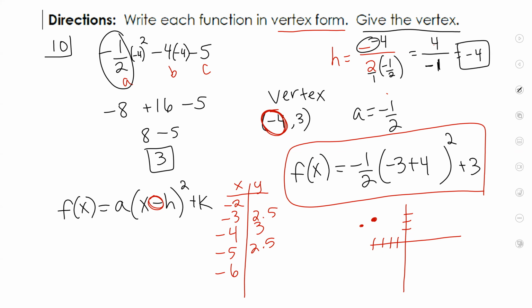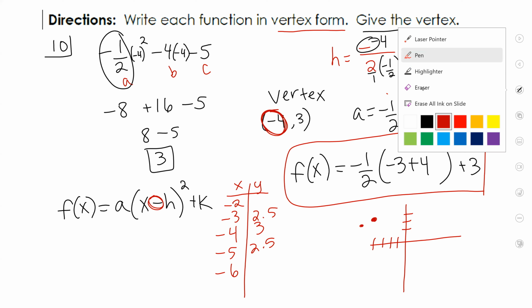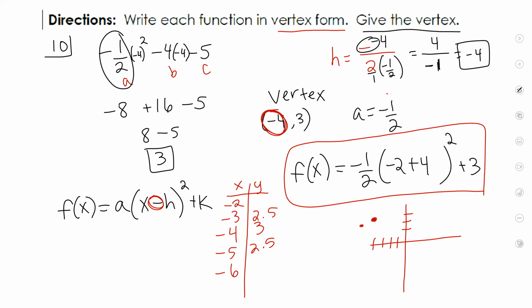All right, now we're going to plug in a negative 2 this time. So I'm going to erase this and plug in a negative 2. And 2 squared is 4. Half of 4 is 2. Yep, we're going to get 1. So we'll get 1 for both of these. Thank you, Luke. And so at negative 2, we'll have a 1 there. So this will look pretty much like that.